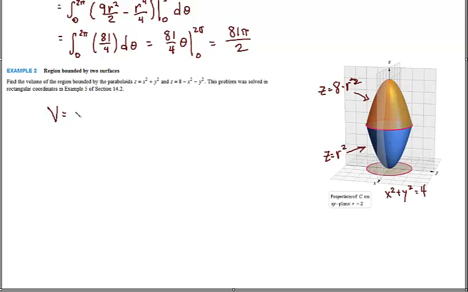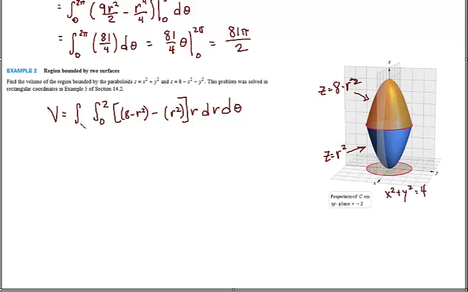So our volume here will be, my limits of integration are going to be from 0 to 2, and then I'm going to have the top function minus the bottom function. So that's going to be 8 minus r squared, and then minus this r squared, all times r dr d theta.